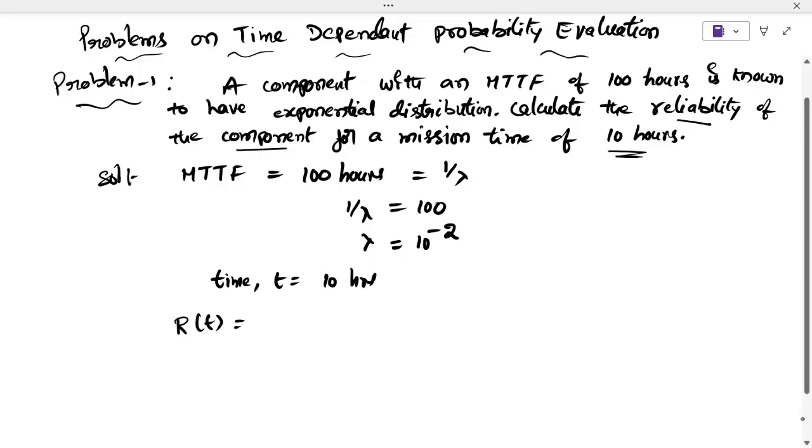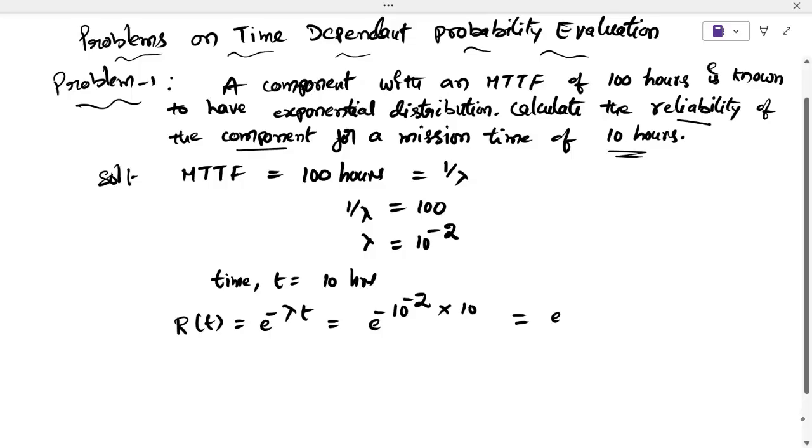You know that R of t using the exponential distribution is equal to e power minus lambda t. You know all the values, just simple substitution. E power minus lambda t, that is 10 power minus 2 into t, that is 10 hours.